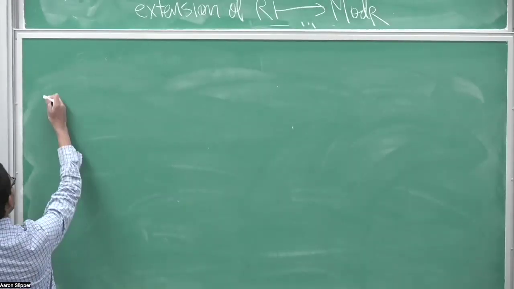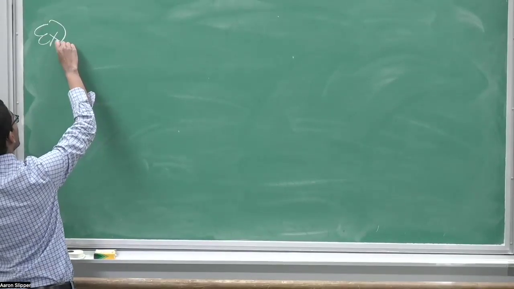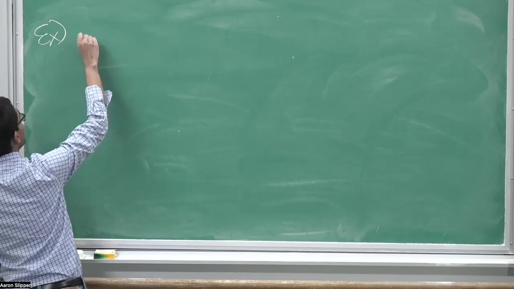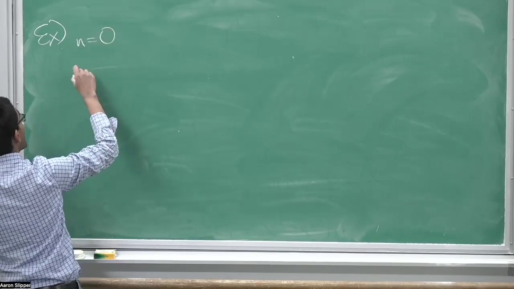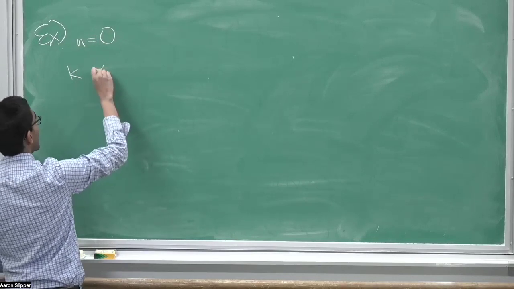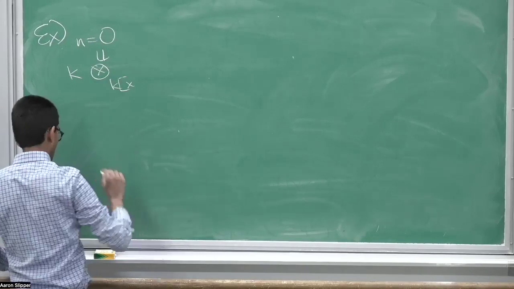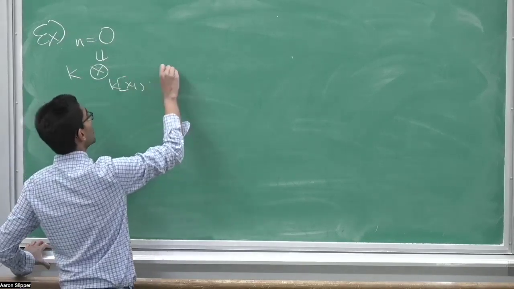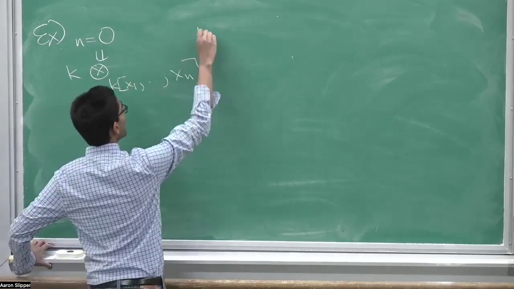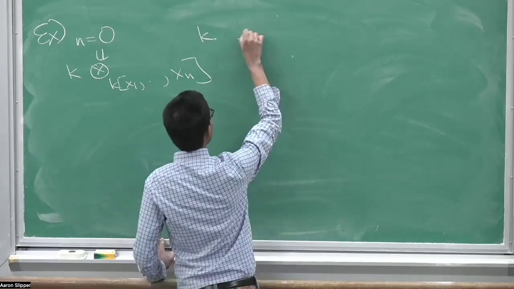So an example: you could take n equals 0, and then you could form the ring K, the derived suspension of the polynomial ring. Let's say K[x1]. You can form this derived tensor product, and this gives you an animated ring.